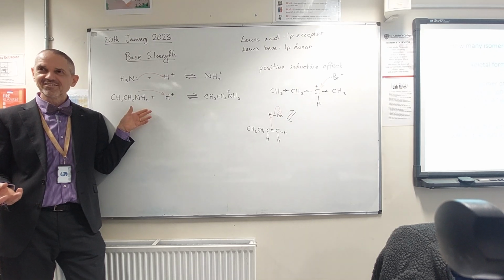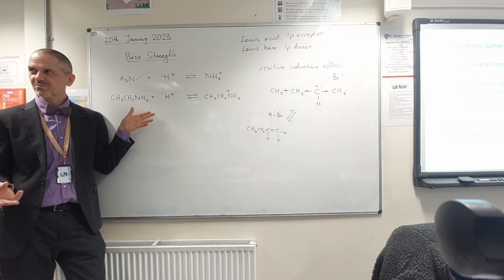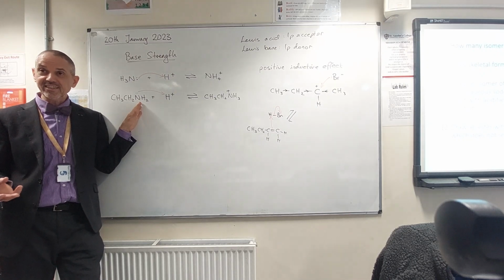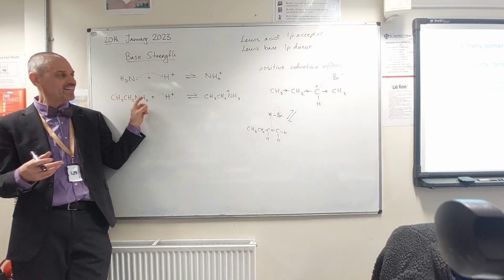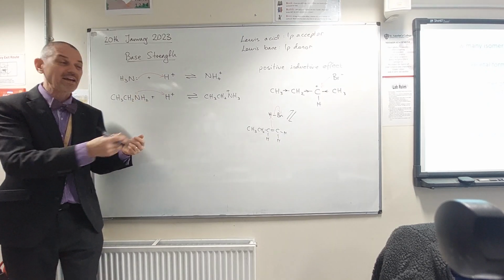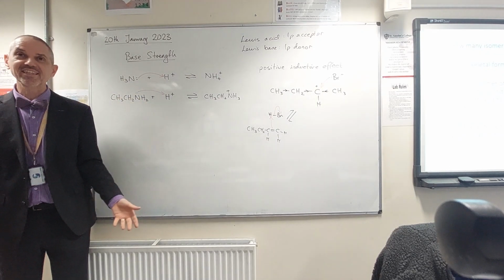Better or worse? Stronger or weaker? Stronger. Because the electron density is towards the nitrogen. It makes it easier. We're pushing electrons onto that nitrogen. That's going to make it more favourable for nitrogen to give away its electrons.